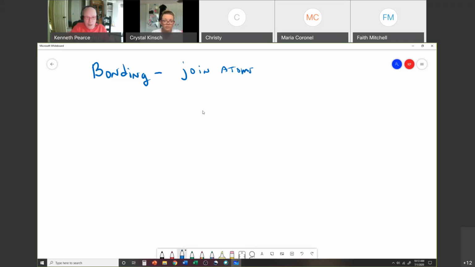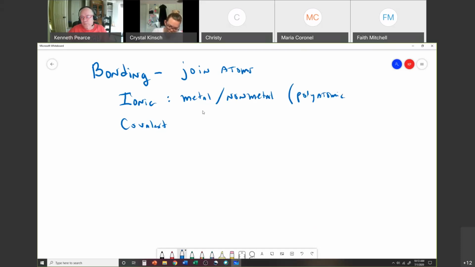Now, we've already gone over this before. We have ionic bonding and we have covalent bonding. An ionic bond is generally metal and nonmetal, or polyatomic ions. Metal versus nonmetal or polyatomic ions.